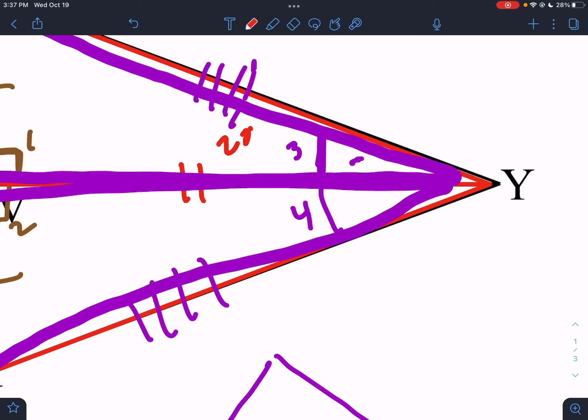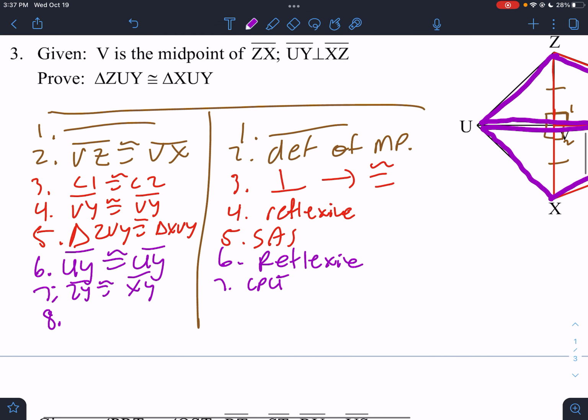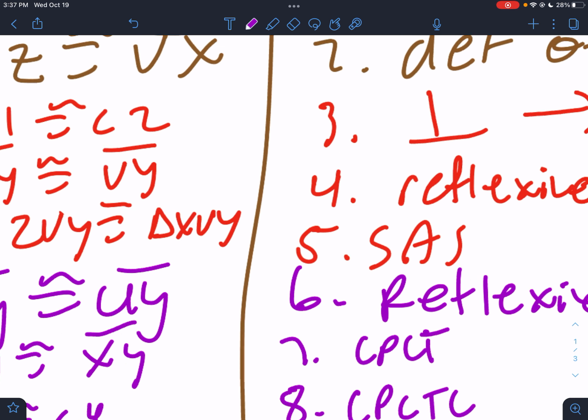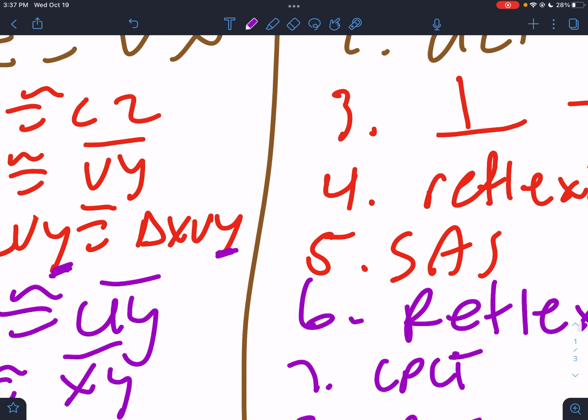Wouldn't the red triangle have a 20-degree angle? They both use the letter Y, and it's the same letter Y. So I'm going to say angle 3 is congruent to angle 4, and that is also CPCTC. That is the Y and the Y from the name. They're the same letter Y.